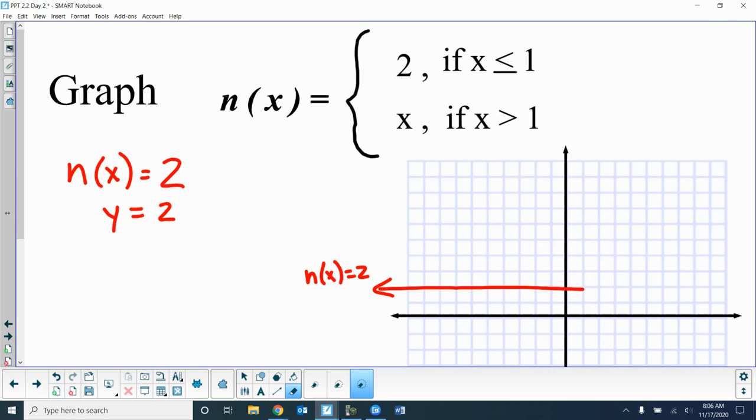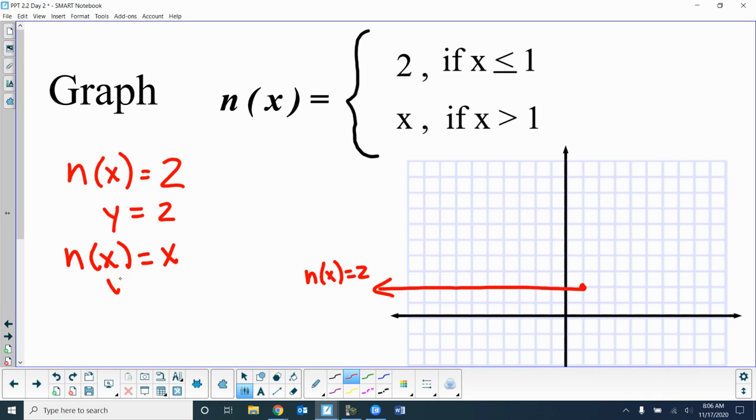Okay? And it says including the 1, so I should have a dot right there. That's where it starts. So at 1, it's 2. At 0, it's 2. And all these, it's 2. Because all those numbers are less than or equal to 1.